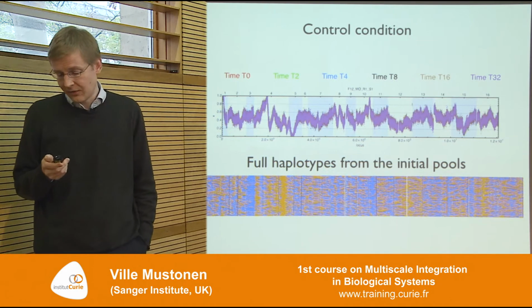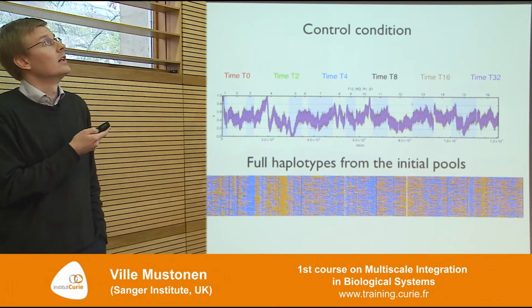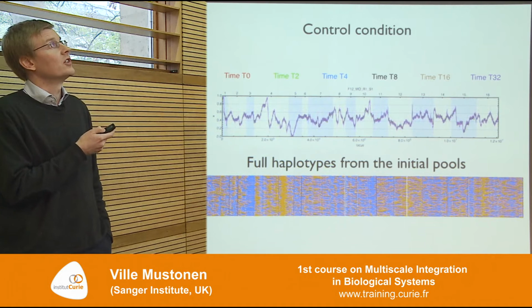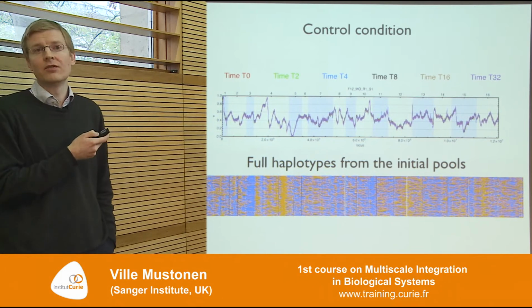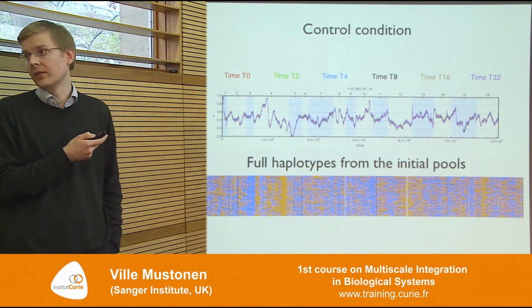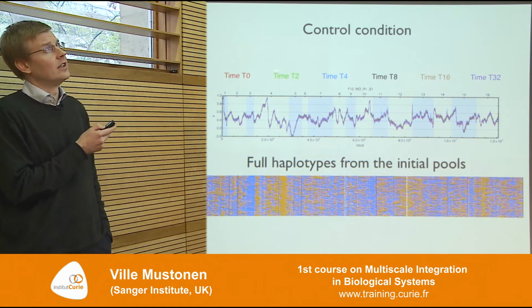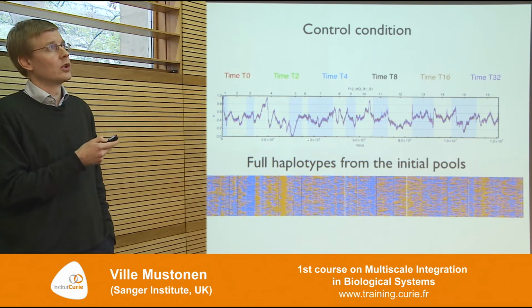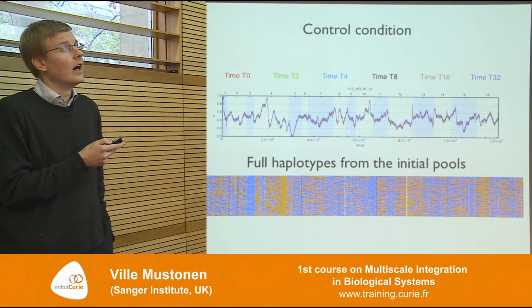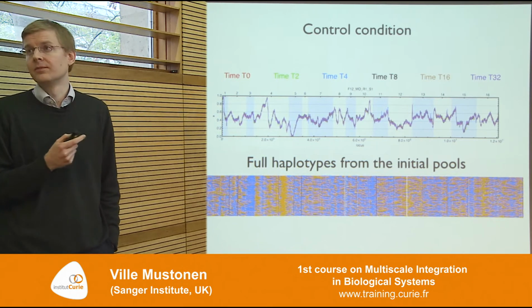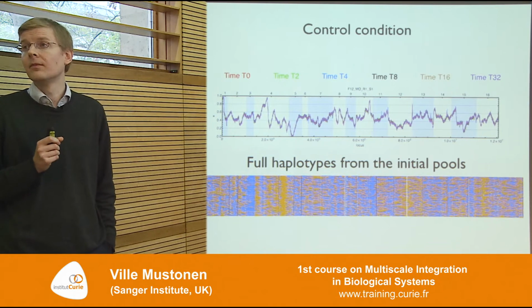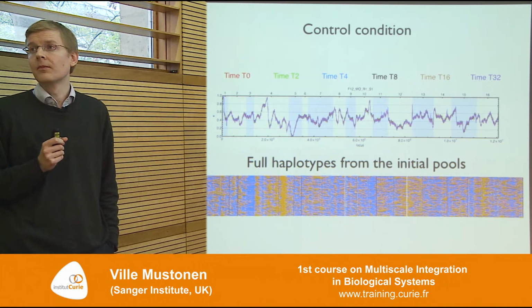If I filter this data, you see this is our posterior mean for the true allele frequency in the population. This is the control condition, and these are the 6 time points for the control condition. And as a first approximation, if you repeat the experiment, do you see the same pattern?